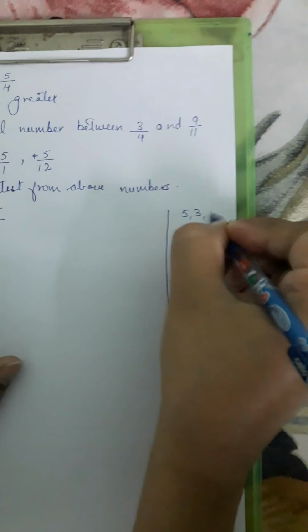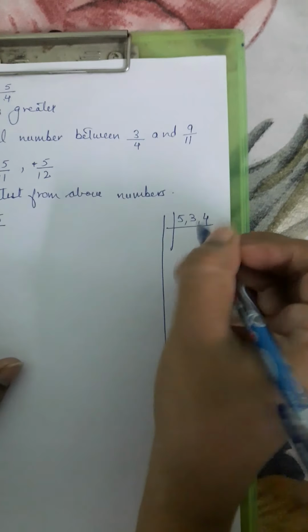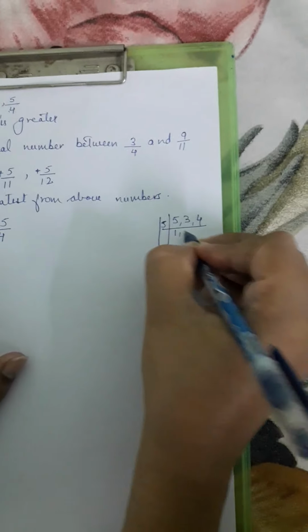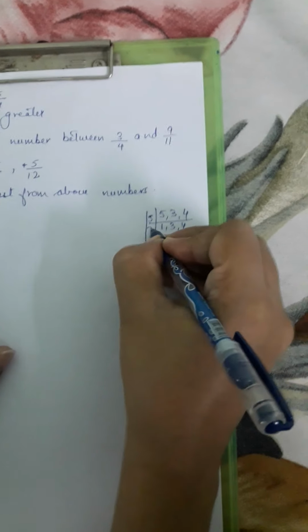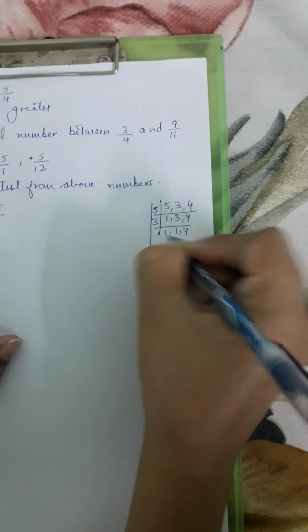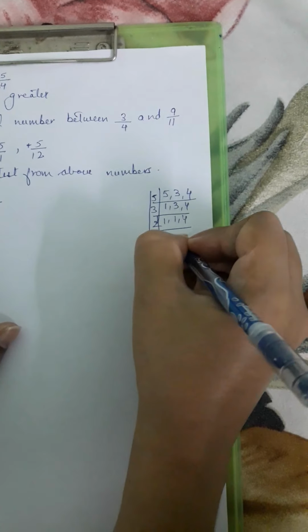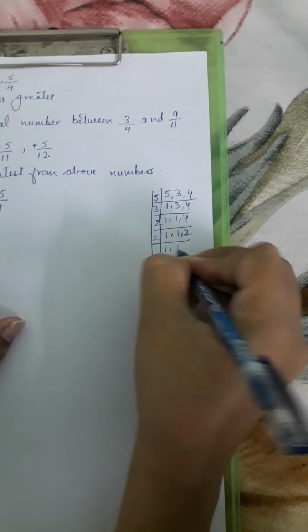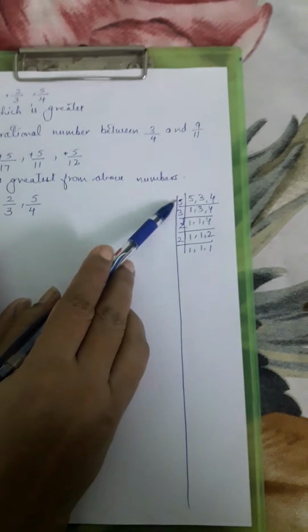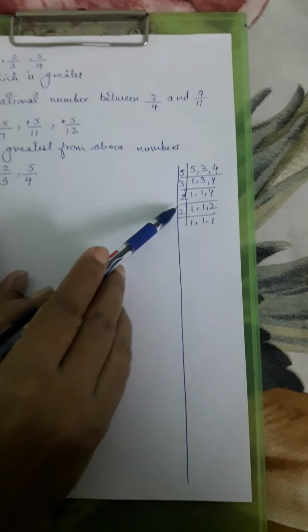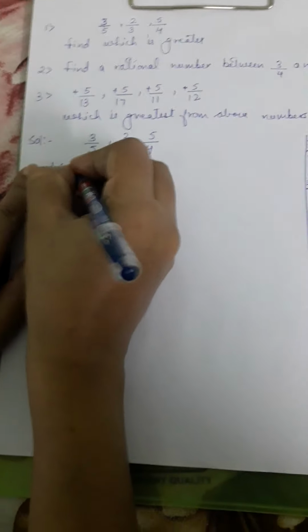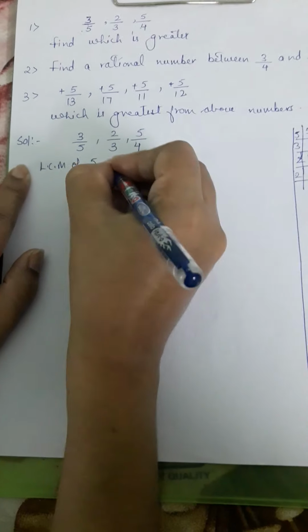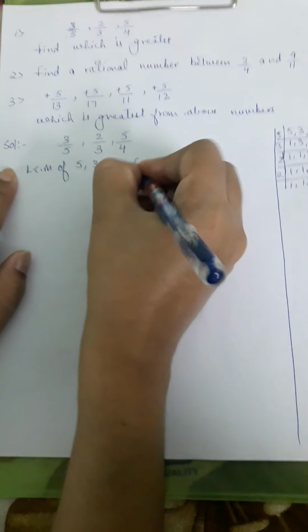Take the LCM of 5, 3 and 4. 5 ones are 5, 3 ones are 3, 2 twos are 4, 2 ones are 2. 5 threes are 15, and 2 twos are 4. 15 fours are 60. So the LCM of the denominators 5, 3 and 4 is 60.